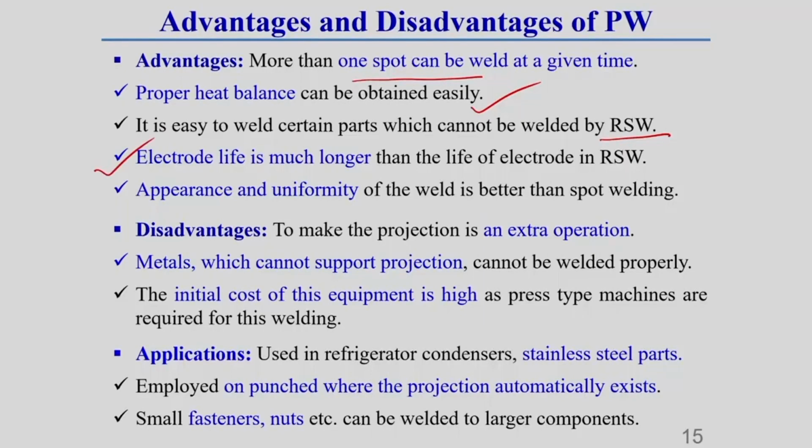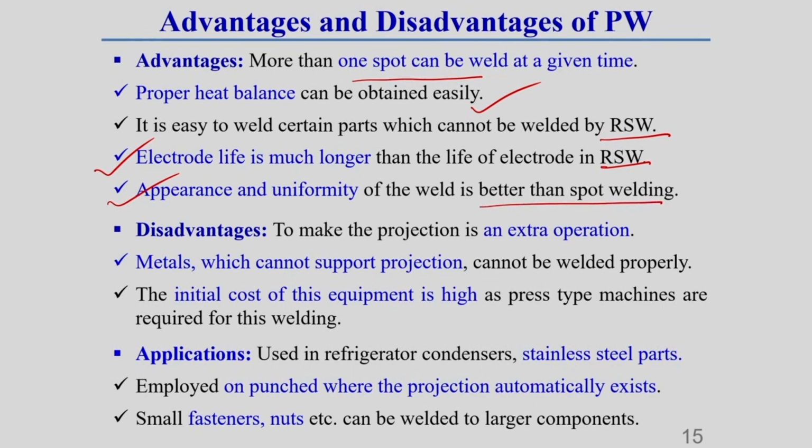Resistance spot welding requires a precautionary condition called heat balance, but in that type of case this welding process is easier. Electrode life is much longer than in resistance spot welding, because the electrode tip is flat in nature, as I have already told you. The appearance and uniformity of the weld is also better than in resistance spot welding.